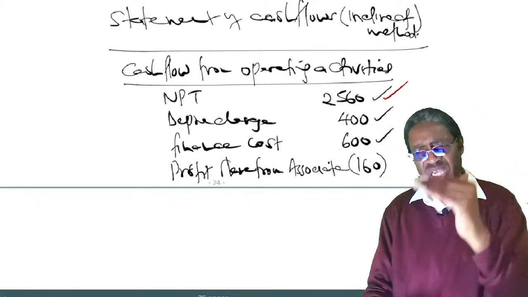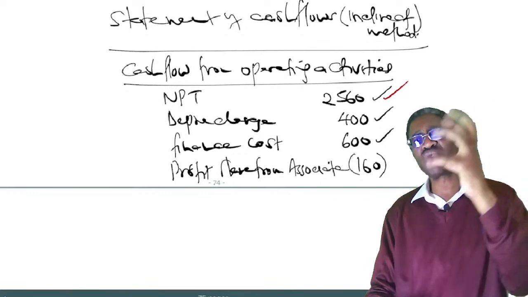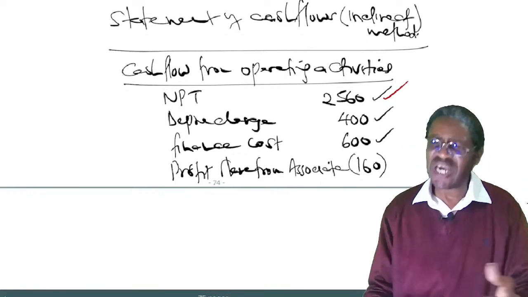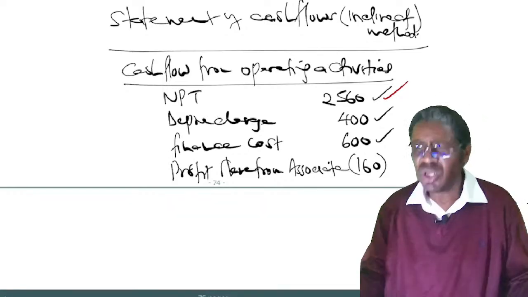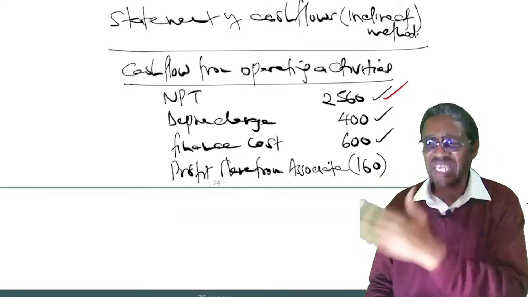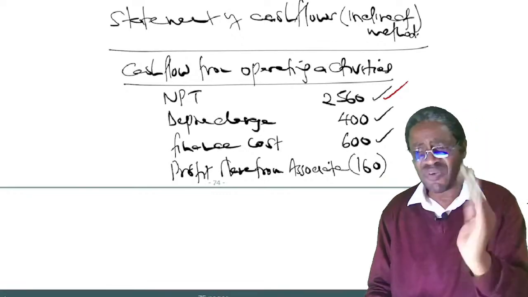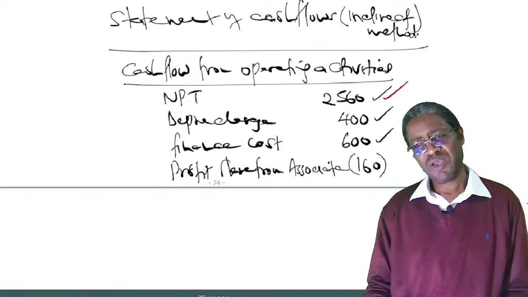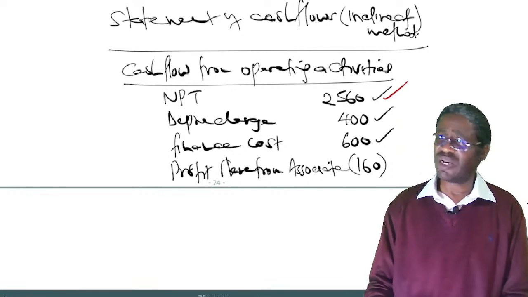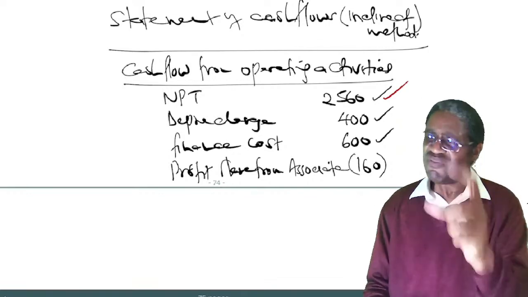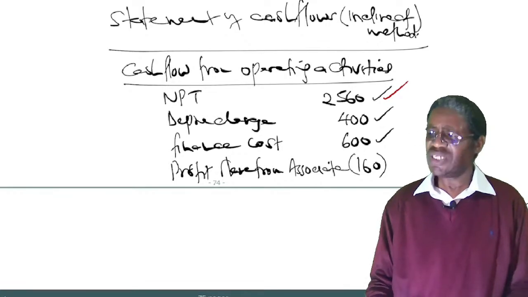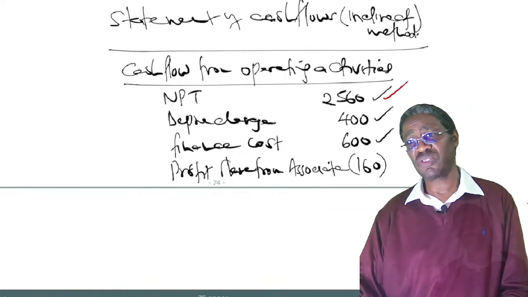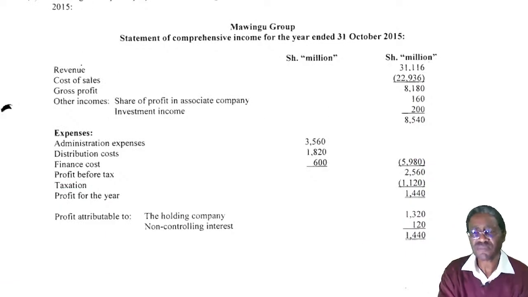After you are through with the income statements, go through the additional information, looking for other non-cash items. Maybe there was a disposal somewhere which could have given a gain or loss on disposal, whatever it is. Look for all other non-cash items. So let's go back to the income statement and find out, to arrive at this 2560, is there any other non-cash item included? That's what we want to check.